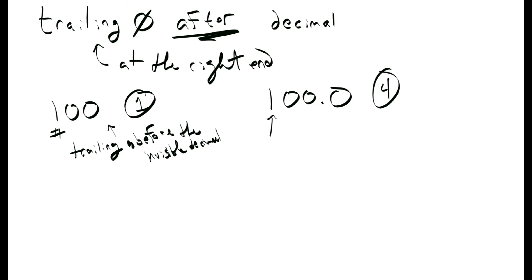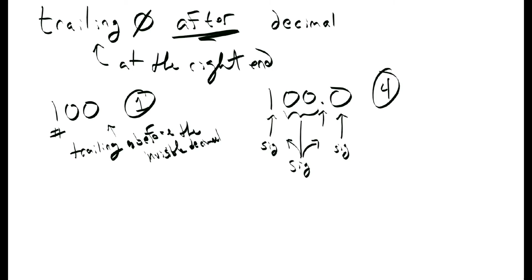Because this right here is significant. It's a 1, non-zero. So it's significant. This right here is a trailing zero, and it comes after the decimal place, so it is also significant. These two are between sig figs. You got a sig fig here, a sig fig over there, so these two are both also significant. So the 100.0 is significant.